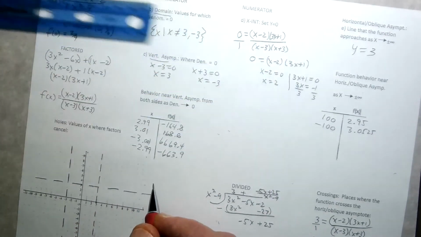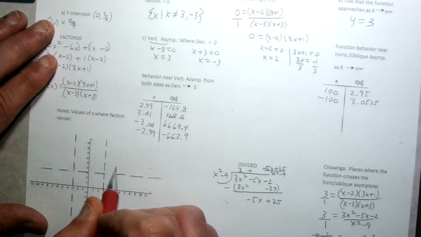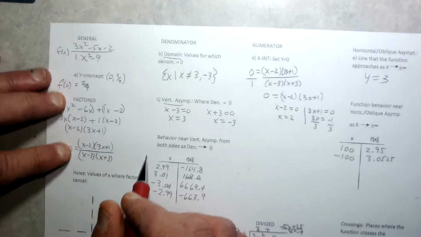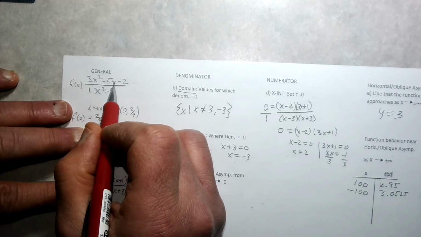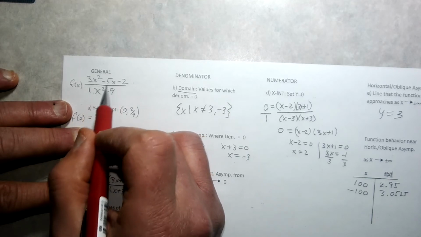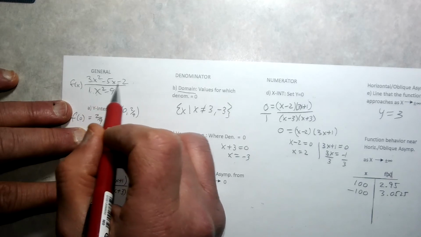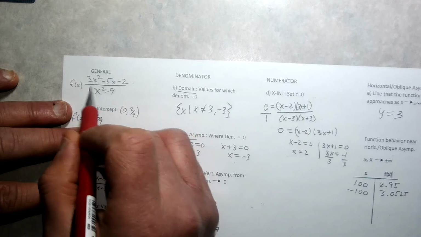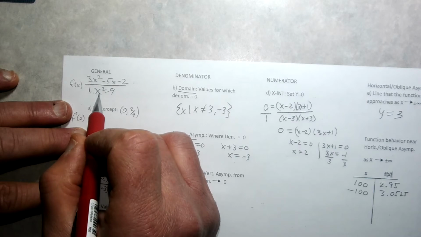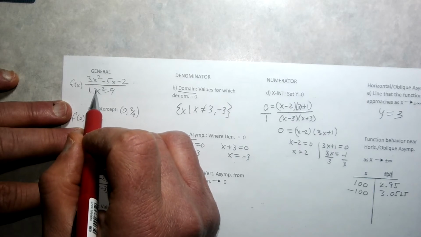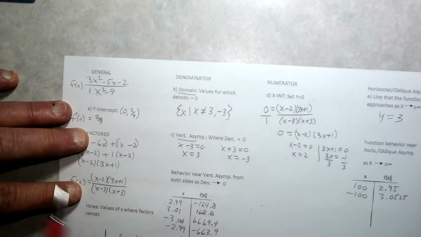The reason it starts to behave like that is because if you put in really big values in here, like 100, let's say, and 100 down here, the other terms really won't make much difference compared to the fact that you've got 3 times 100 squared over 1 times 100 squared, which is basically 3 over 1 when you do that division.